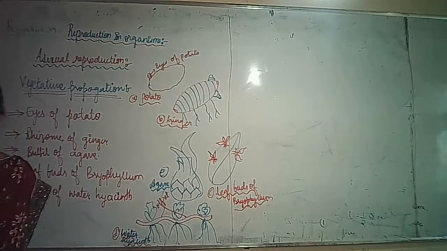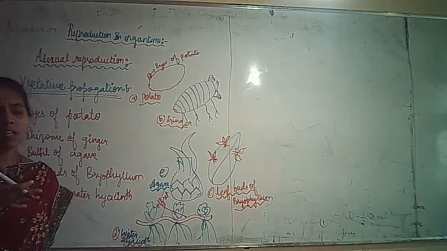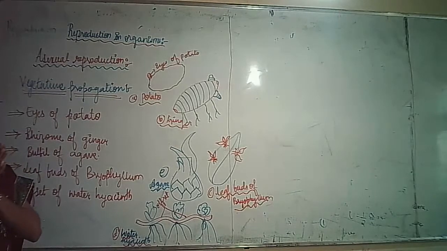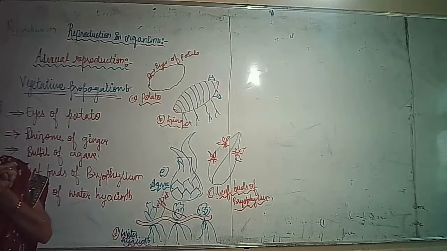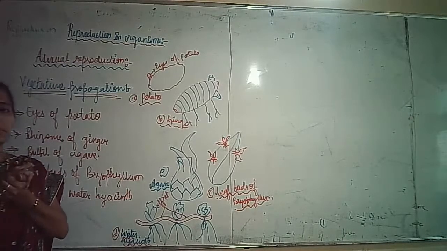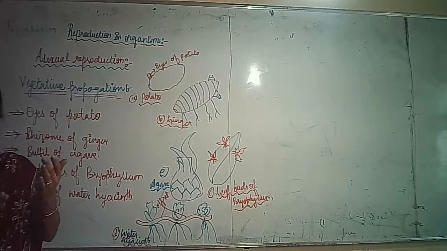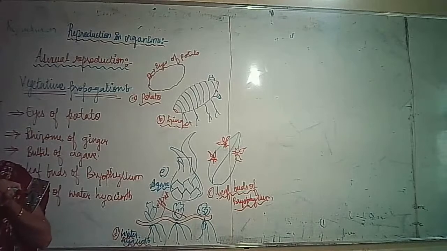The reproduction is taking place in a different part. In these plants there is asexual reproduction. How are they reproducing? They are reproducing using their body parts. Some of the body parts are capable of giving rise to new plants.